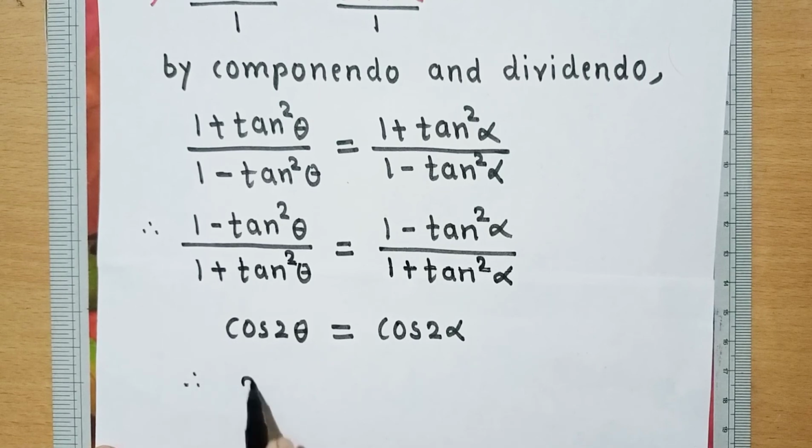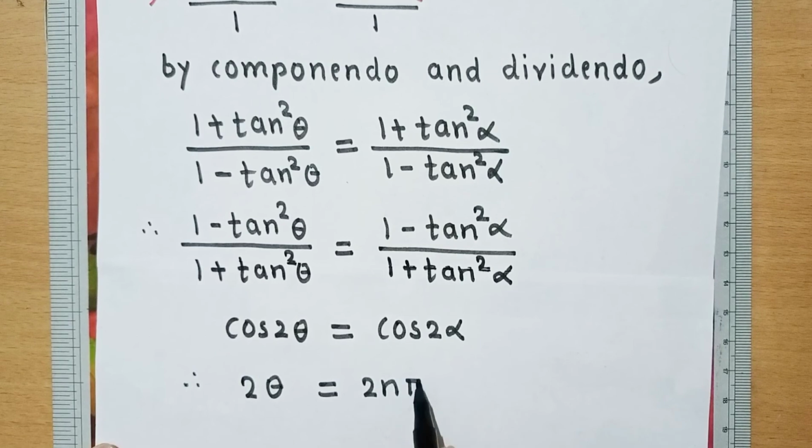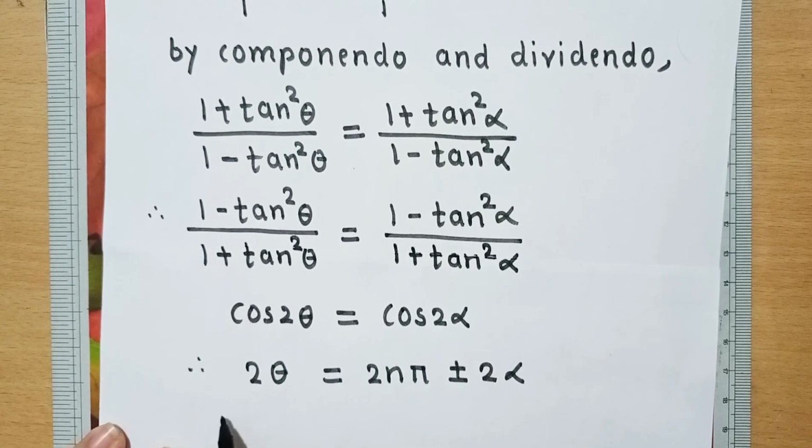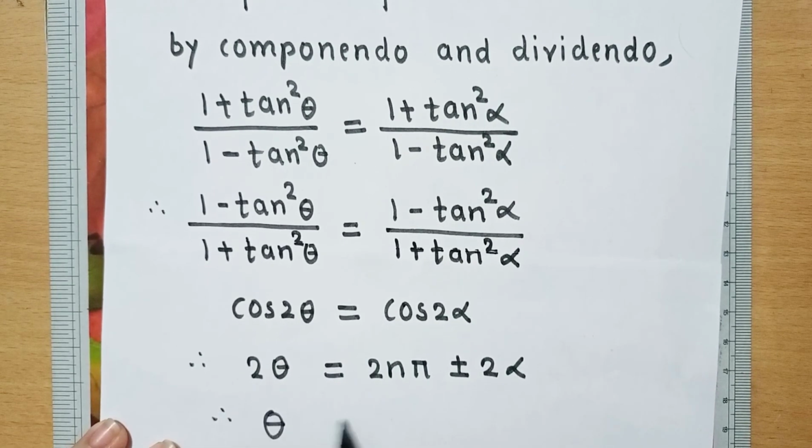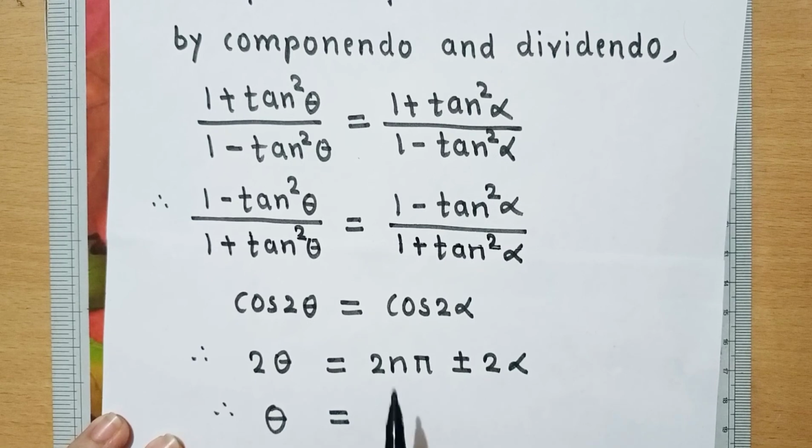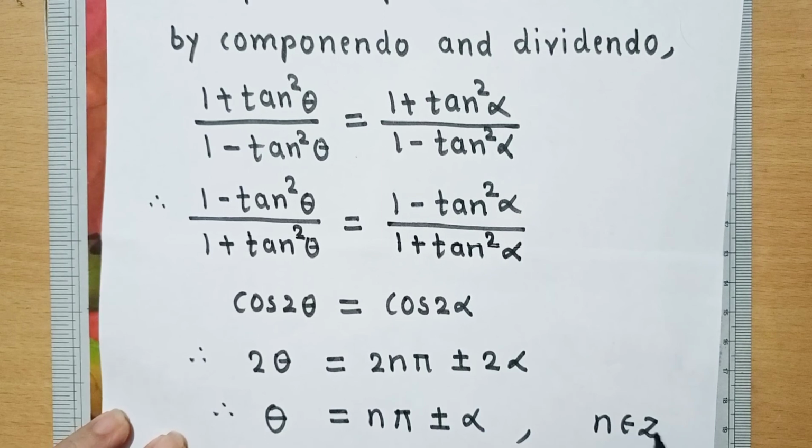We have therefore 2 theta equal to 2n pi plus minus 2 alpha, and cancelling 2 on both sides. So we have the general solution of tan square theta equal to tan square alpha is theta equal to n pi plus minus alpha, where n belongs to Z.